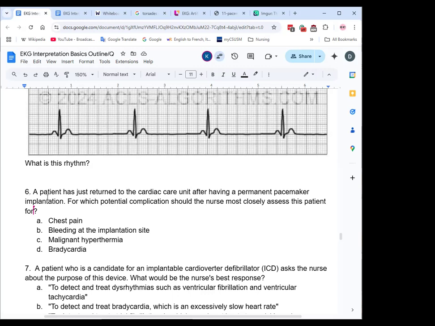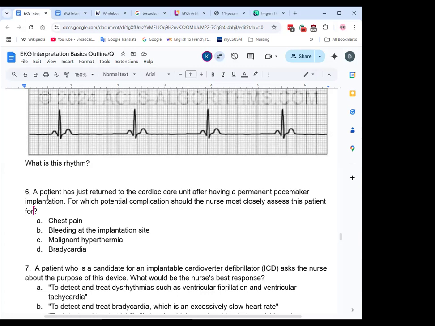It could happen, but the biggest complication would be the bleeding at the implantation site. And infection, which isn't listed here, but is another big one to be assessing for. Yeah, that's pretty much it for that.